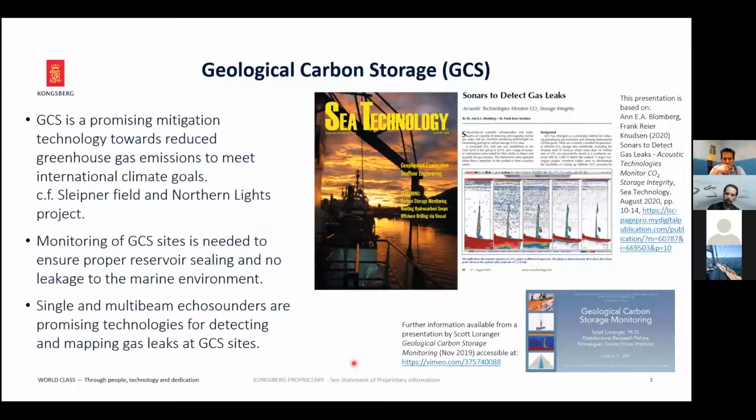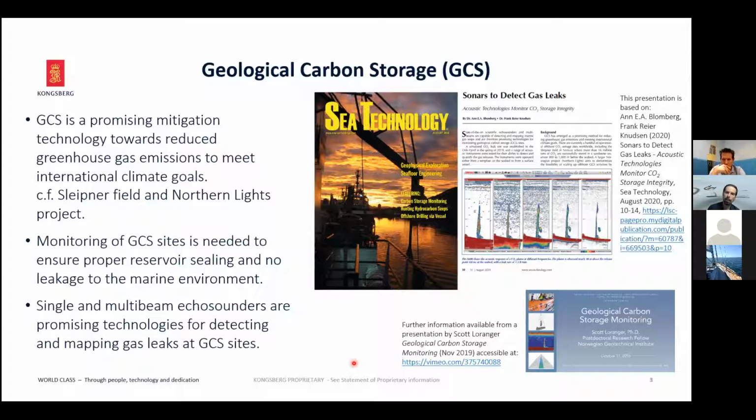A little introduction on geological carbon storage. GCS is a promising technology towards reducing the greenhouse gas emissions and to meet the international climate goals. It is applied actively, for example, in the Sleipner field, and also the Northern Lights project could be an interesting search if you are interested in this field.